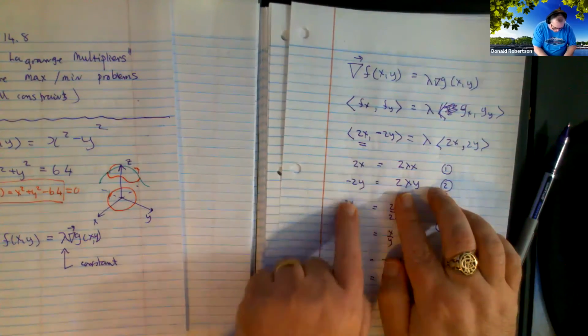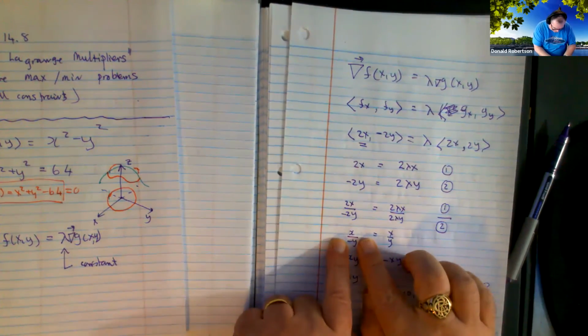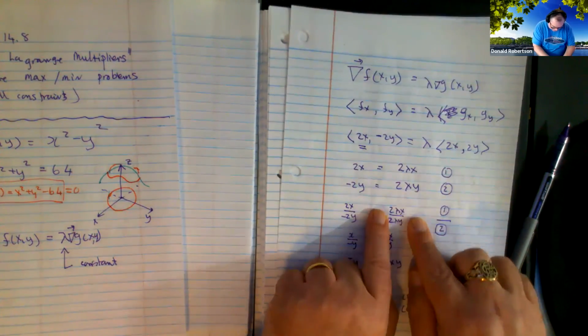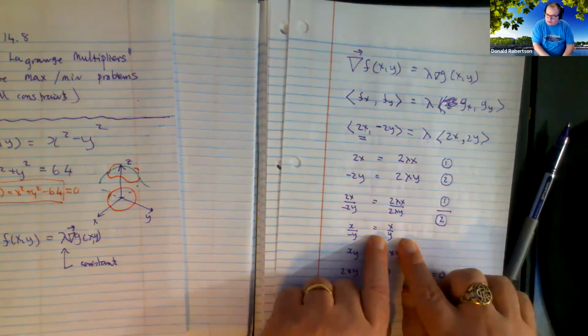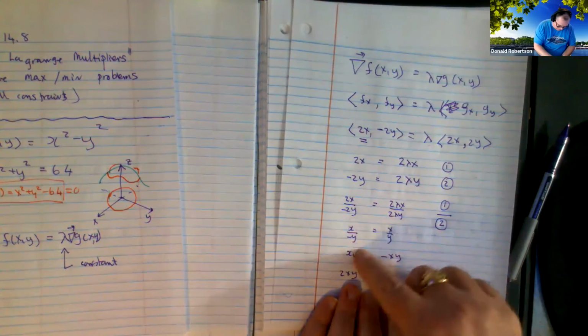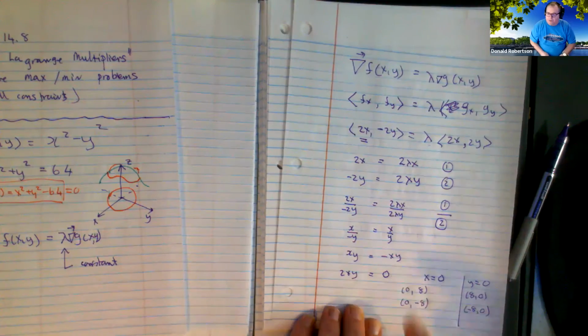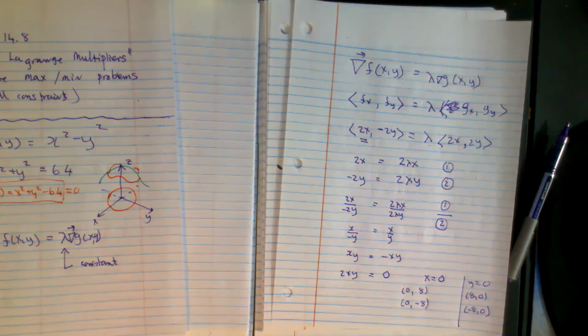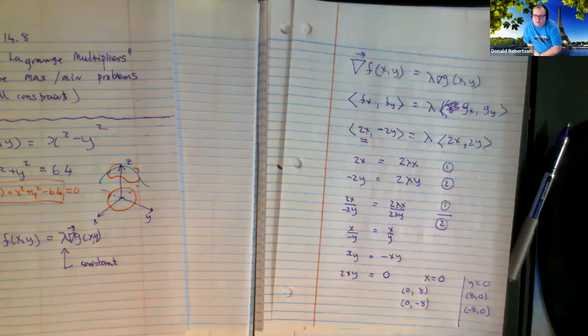If you divide these two and cancel it down, you get x over negative y, and from these two, you get x over y. From here, I did a little cross multiply and then added xy to both sides. Oh, okay, that makes sense. Thank you. Normally in algebra, you don't divide one equation by another. Don't you tend to do the addition method or the substitution method? None of those methods really work well with this.